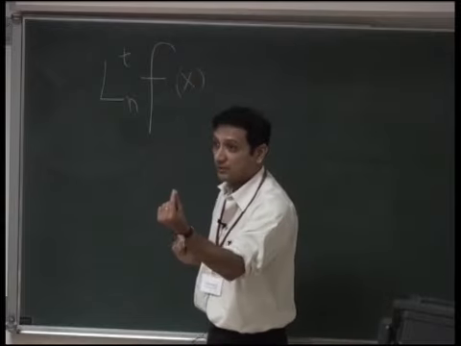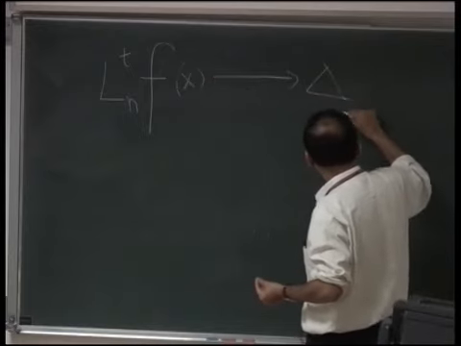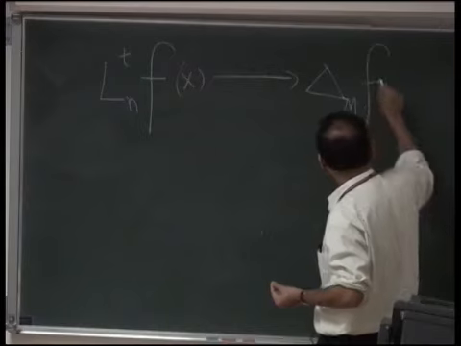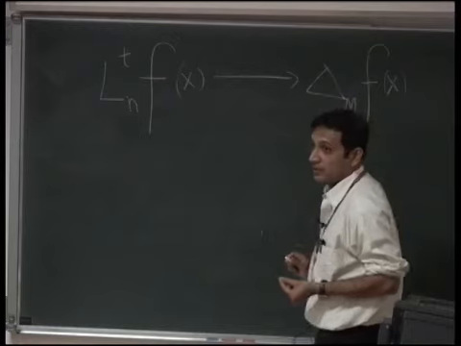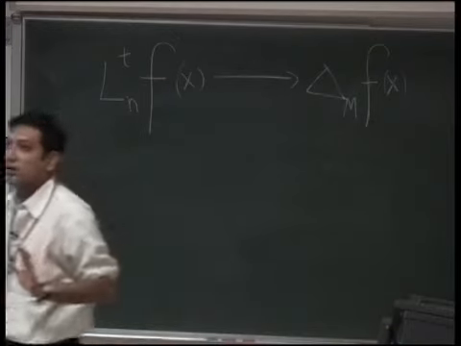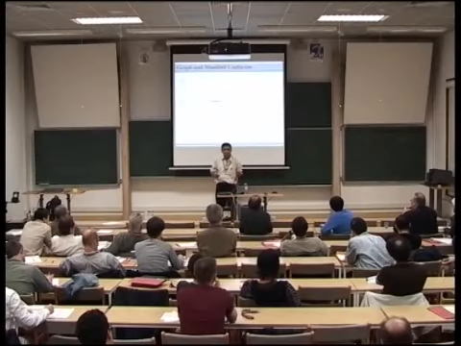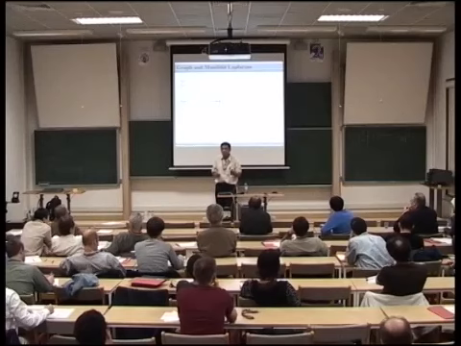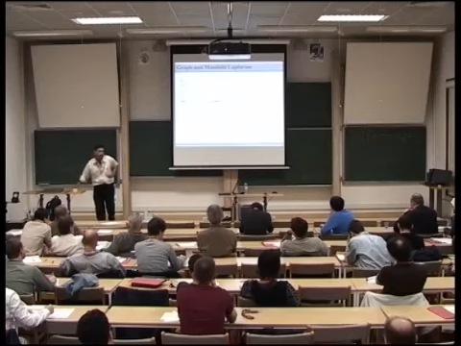You get a number, it is a random number. This converges to the Laplacian of M applied to the same function f at that same point x. Okay? This does not say anything about spectral convergence. Whether the eigenfunctions of this graph Laplacian converge to the eigenfunctions of the manifold Laplacian is not implied by this at all. This is a very weak kind of convergence.